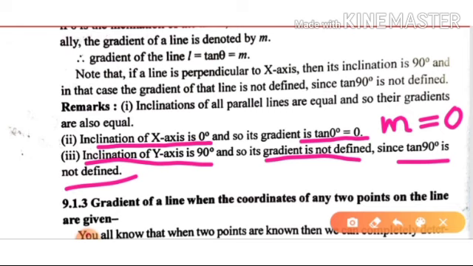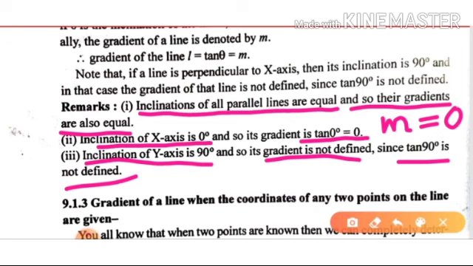And always remember, inclination of all parallel lines are equal, so the gradients are also equal. All the parallel lines have equal gradient because they make the same angle of inclination with the positive direction of x-axis.